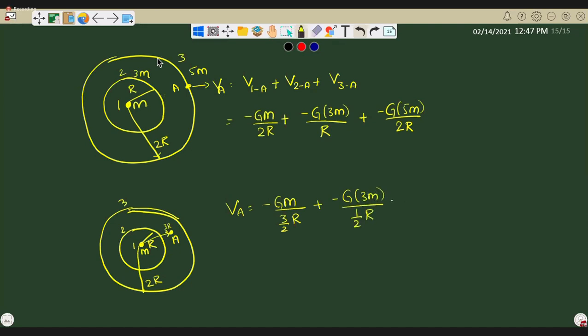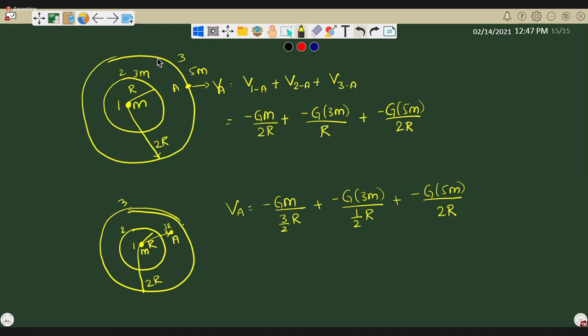Good. Plus minus 3 whole divided by... minus distance is minus 1 by 2R, because it's backwards. 2r.